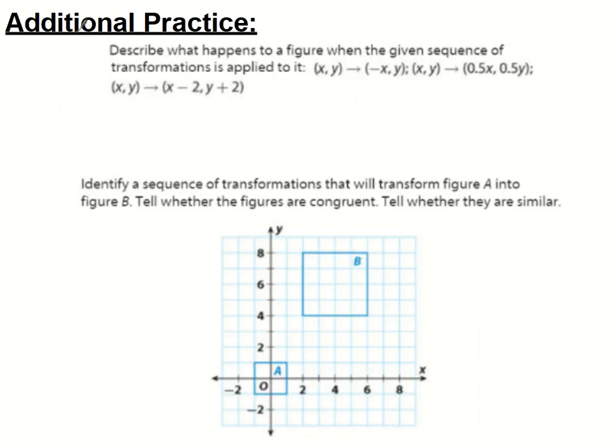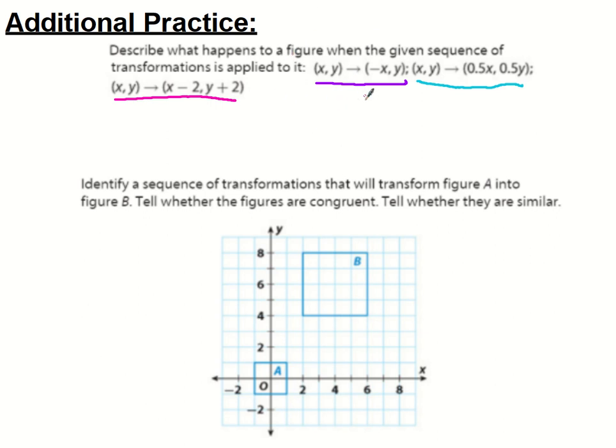Okay, so describe what happens to a figure when the given sequence of transformations is applied. So here I have one transformation, then I have a second transformation, and then I have a third transformation. So here's what's going to happen.